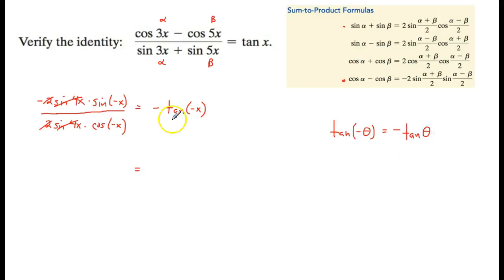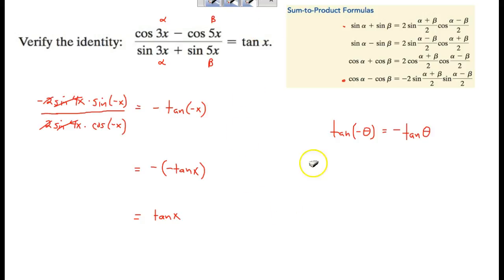So we got a tangent negative x here. That's the same thing as the opposite of the tangent of positive x. And a negative and a negative creates a positive. So we end up with that right-hand side of tangent. Okay, and that's what we're after. Remember, we want to work with just one side at a time with this. We always want to work with just one side at a time.